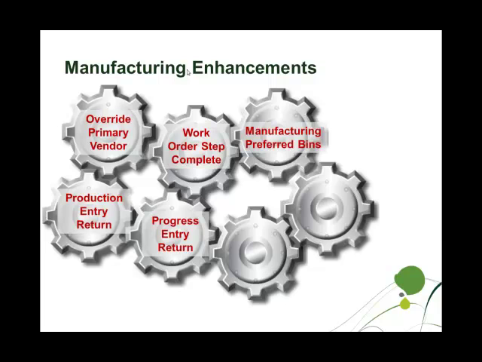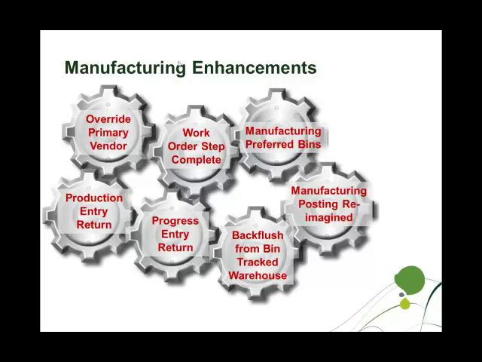We added manufacturing preferred bins so that quantities of materials used in the manufacturing process can be kept separate from those used as replacement parts or for direct sales. Additionally, we added the ability to backflush from bin-tracked warehouses, thereby streamlining the issue process for manufacturers.